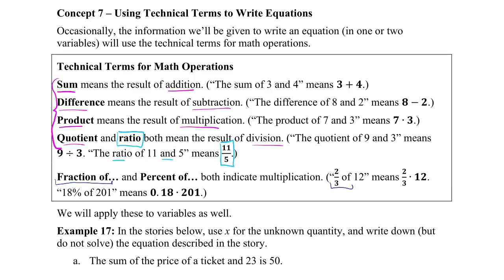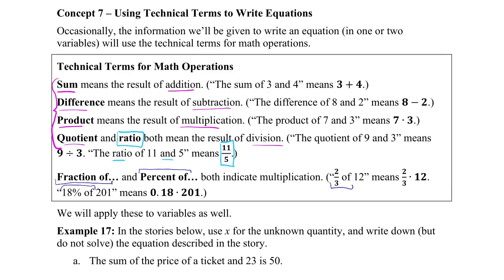If we talk about a percent of something, for example, 18% of 201, that means 18%, make it a decimal, so 0.18 times 201. And sometimes we talk about these with numbers. It'll be more interesting to talk about them when one or more of the quantities involved is unknown, and so we'll use a variable symbol for them.